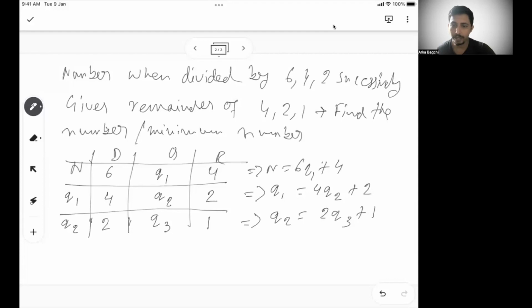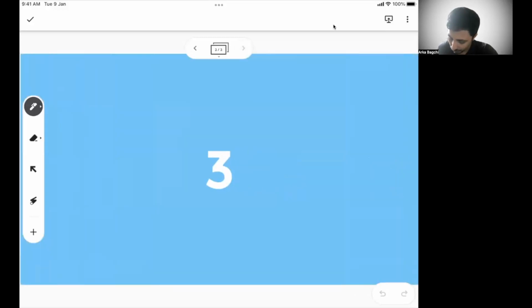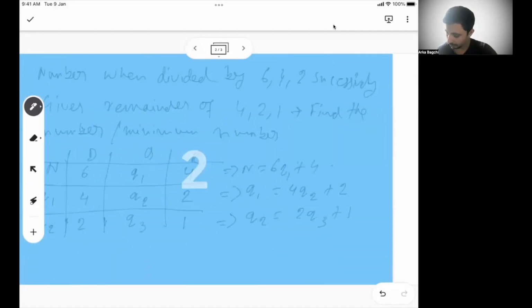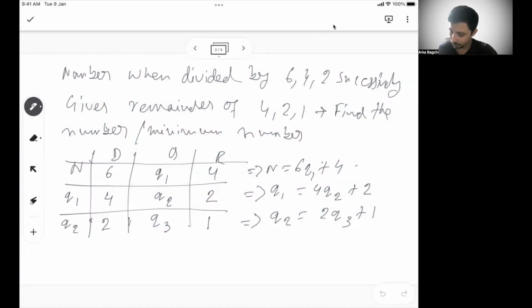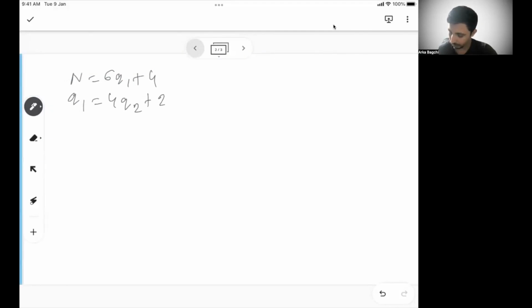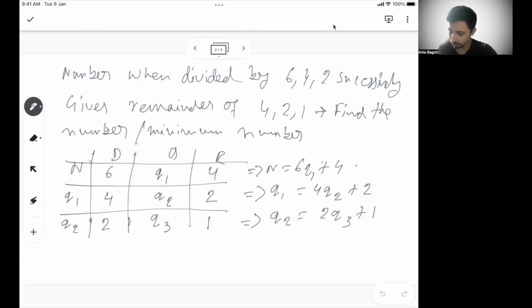Now, the idea is to find out the minimum value of n. So you understood this part. I'm rewriting the equations in the next step. I got n equal to 6q1 plus 4, q1 equal to 4q2 plus 2, and then q2 equal to 2q3 plus 1.